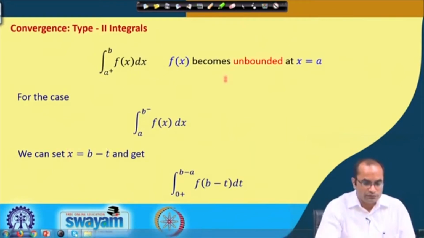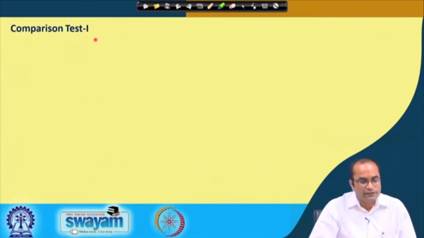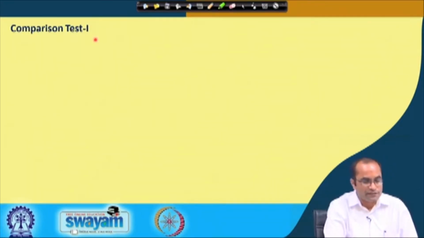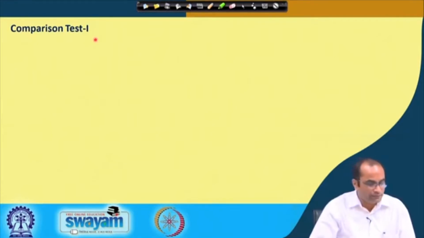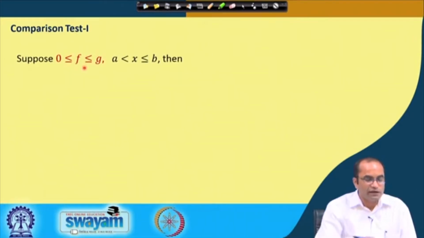Moving now to the next, we have the comparison test, similar to the one we discussed in the previous lecture for integrals of type 1. Again we suppose we have this inequality for the values of the functions between a and b: f is taking non-negative values and g is taking larger values than f.